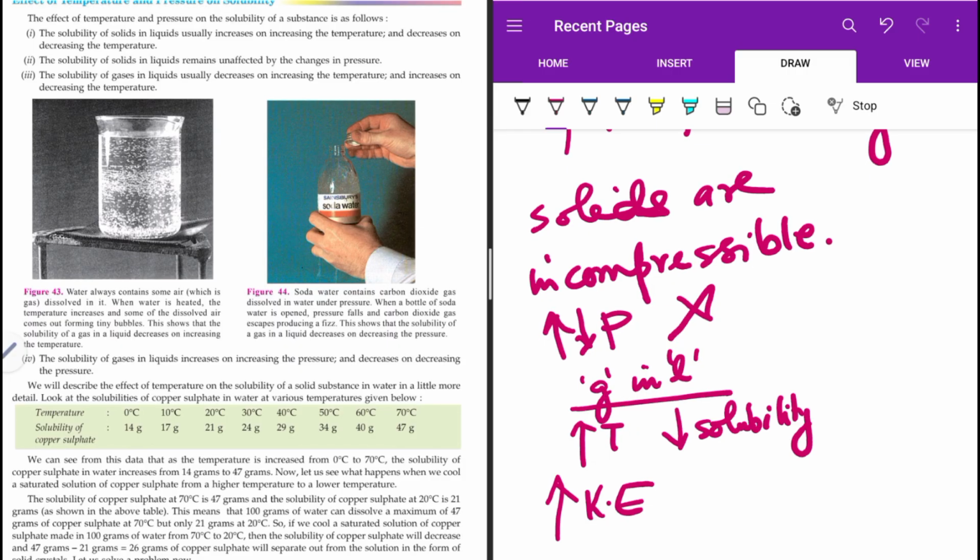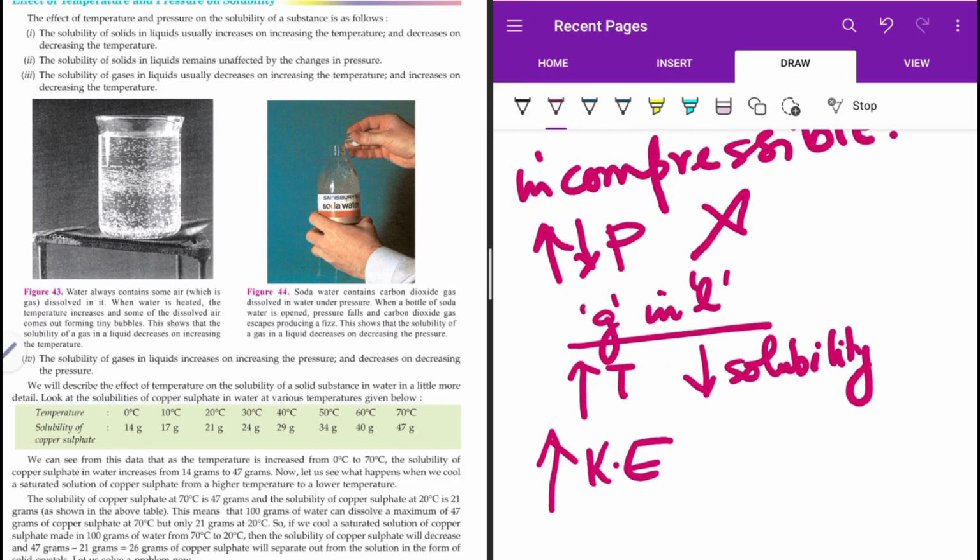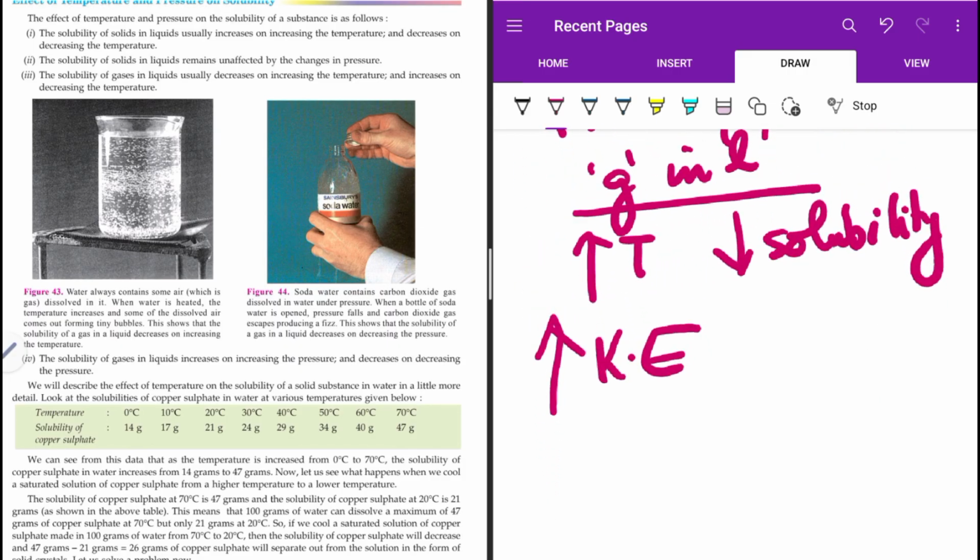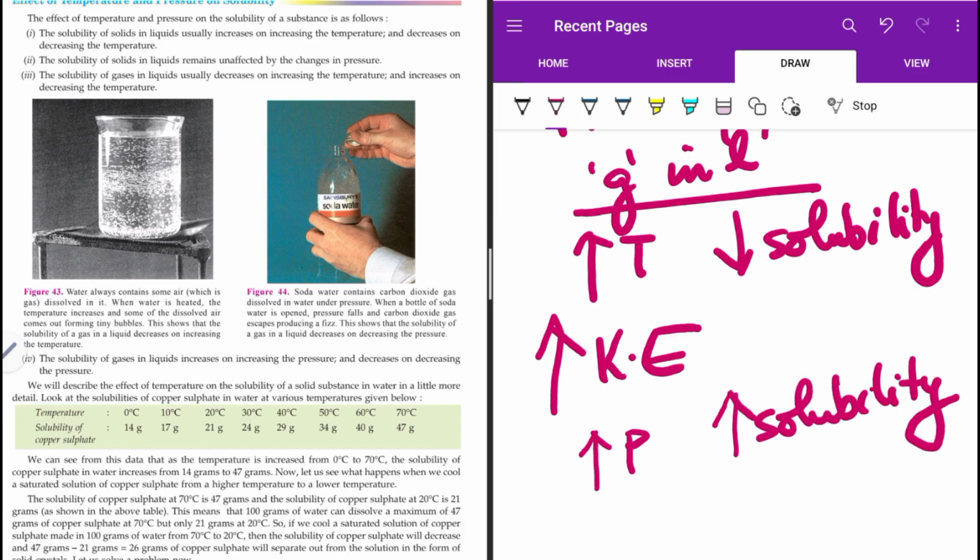Thus the solubility decreases. Now, if I say gas and liquid, then if I increase the pressure, gases are highly compressible. So the solubility increases. Why does it increase? Because gases are highly compressible.